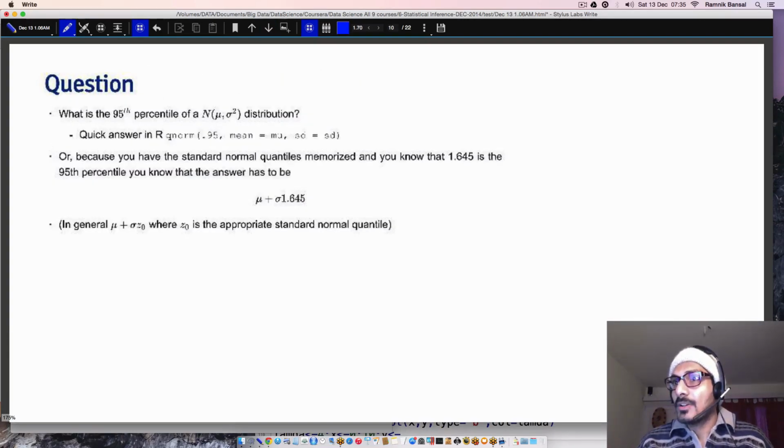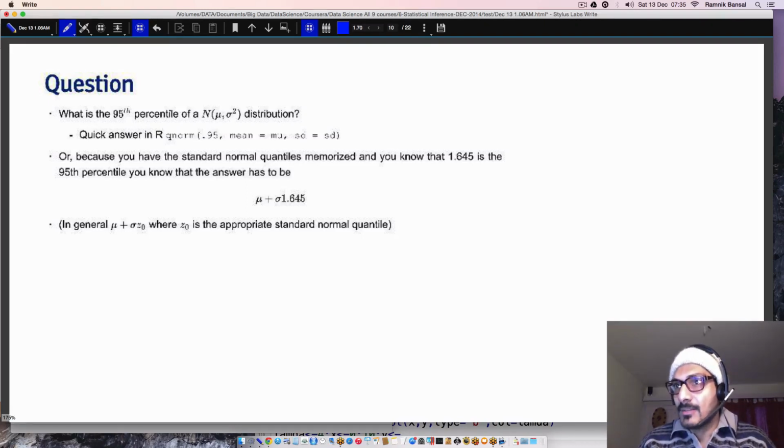So what is the 95th percentile of a normal distribution with mu and sigma? I can take qnorm. We've already done this. What we need to do is either change this or use this function.